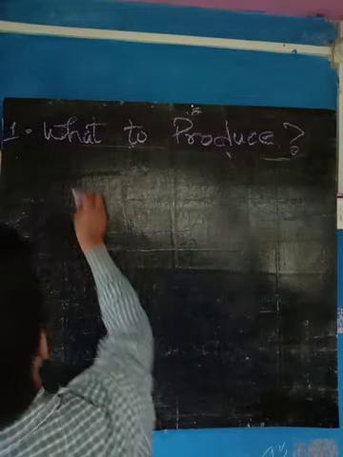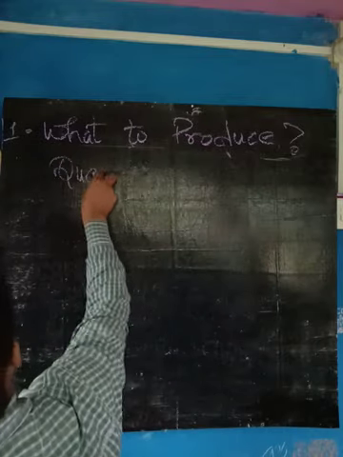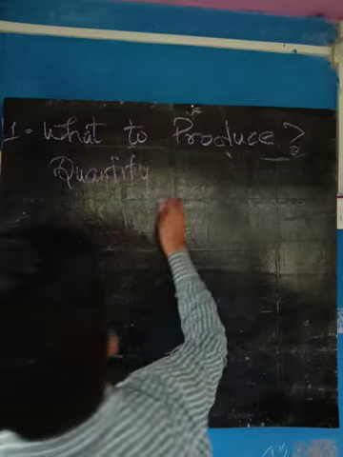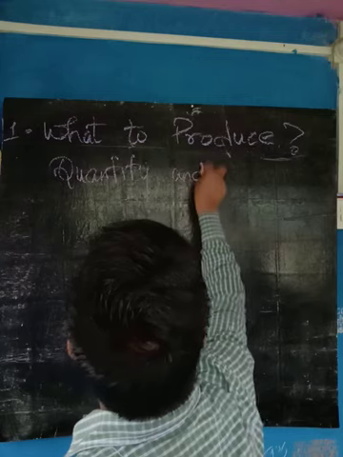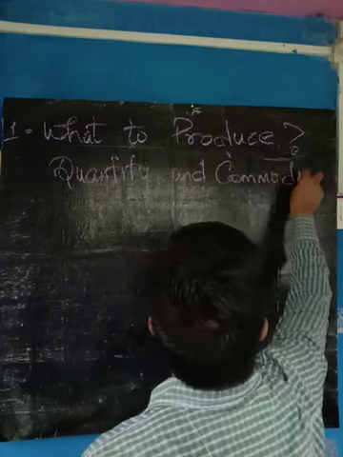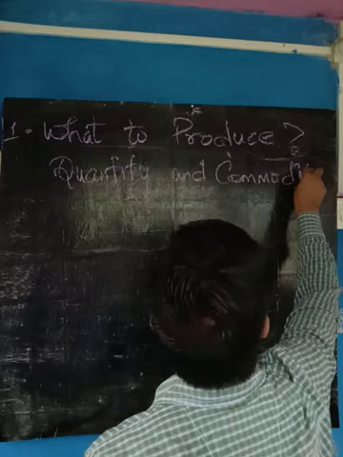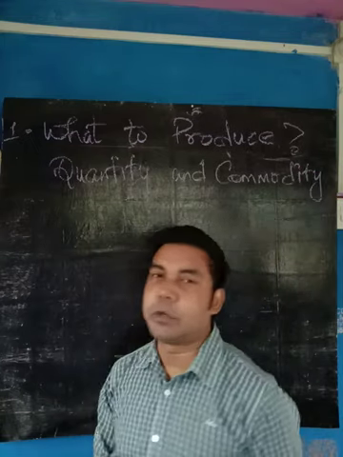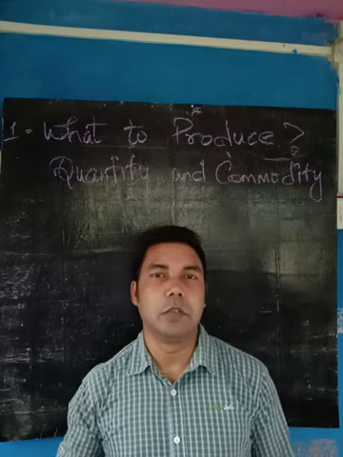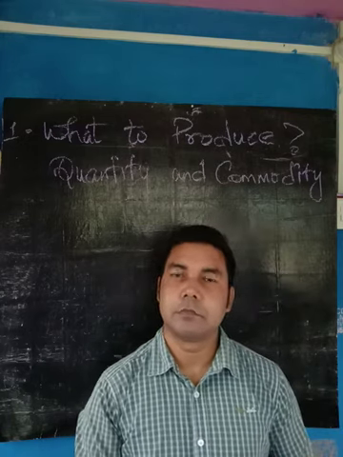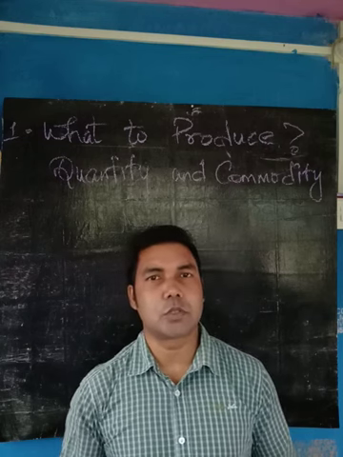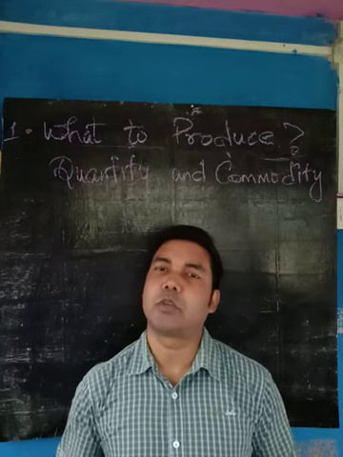What to produce. Again, it is the quantity and commodity. Means which commodities should be produced and in what quantity.